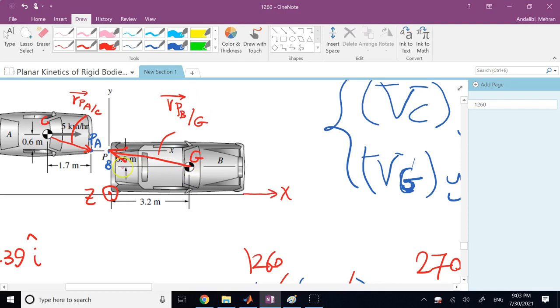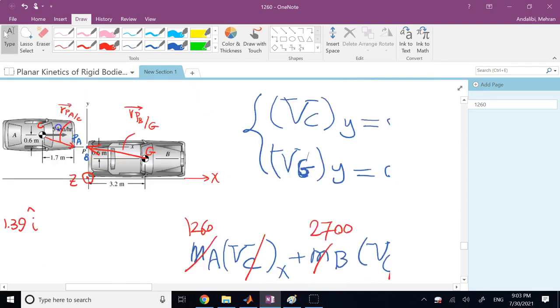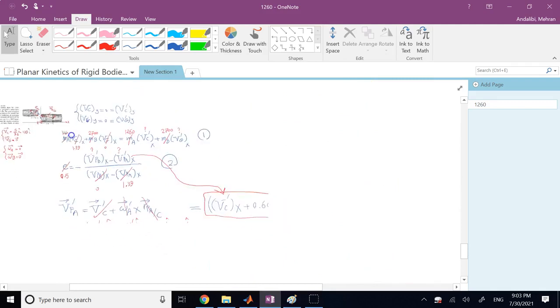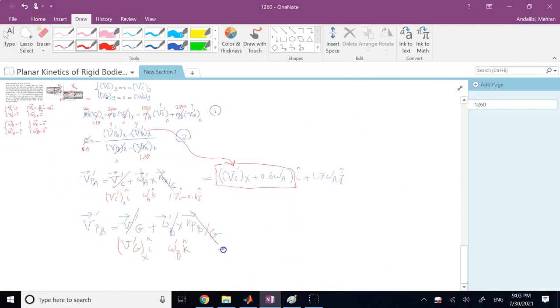which is negative 3.2i plus 0.6j, correct? So let's write it down. Negative 3.2i plus 0.6j.